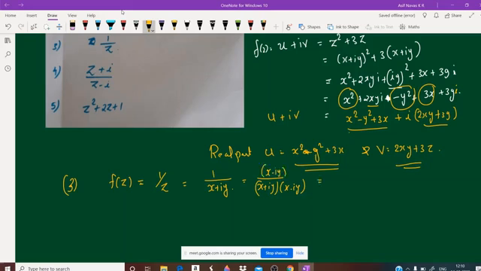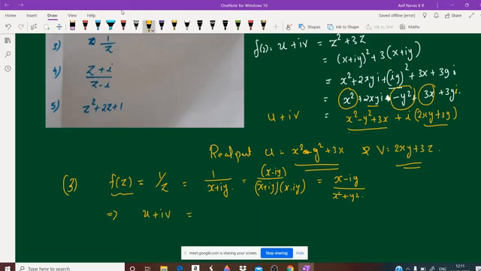So this is equal to x minus iy divided by x plus iy into x minus iy, which is x square plus y square. So what this implies, you know that f of z can be written as u plus iv.